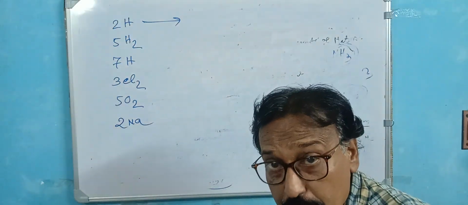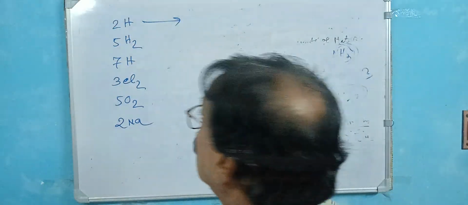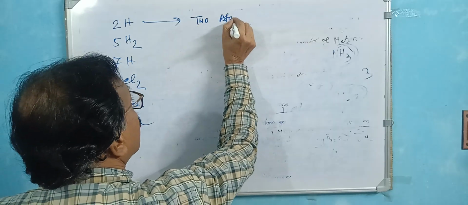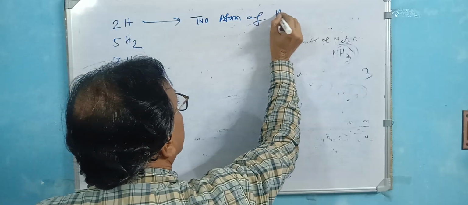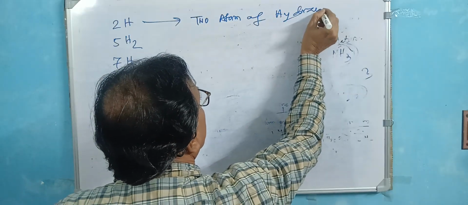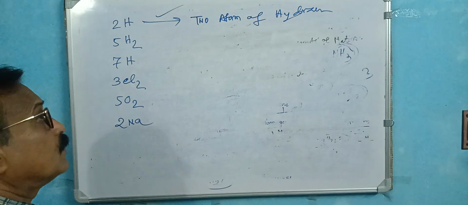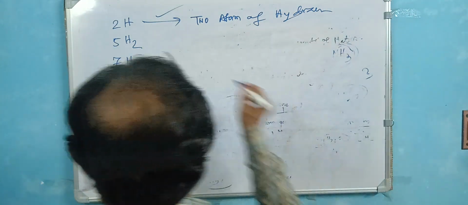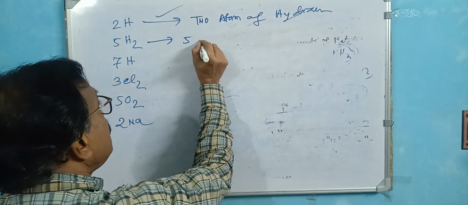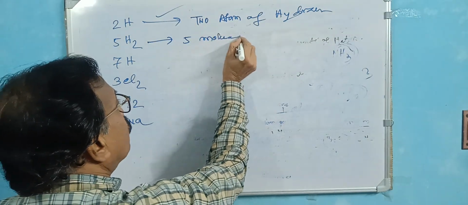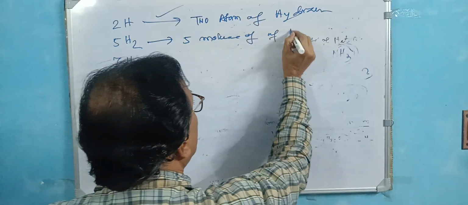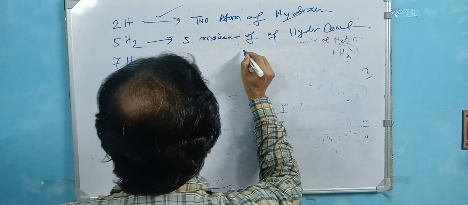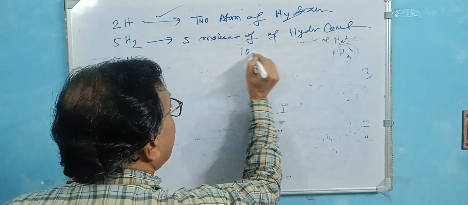2H means 2 atoms of hydrogen. 5H2 means 5 molecules of hydrogen containing 10 atoms.